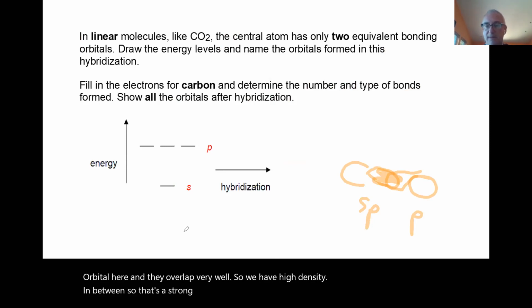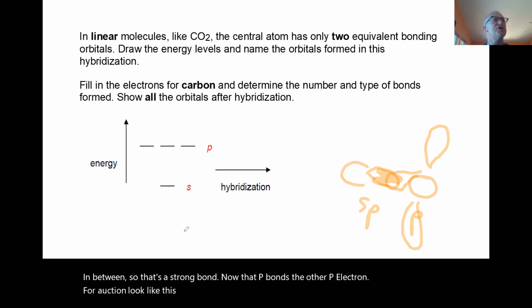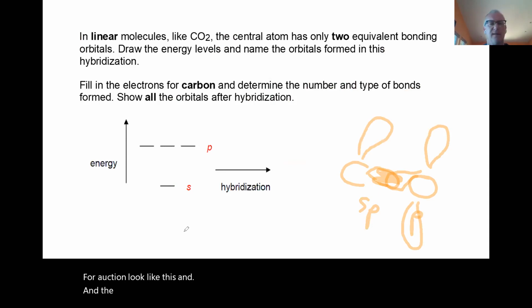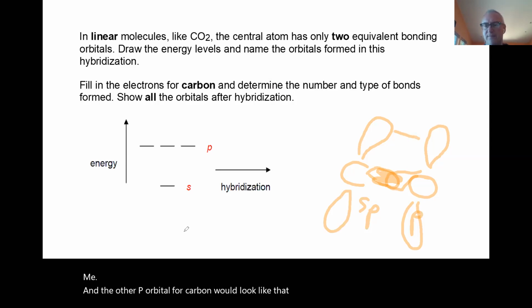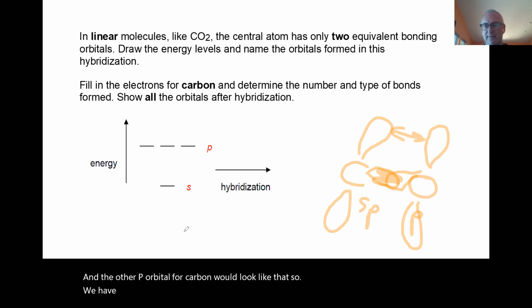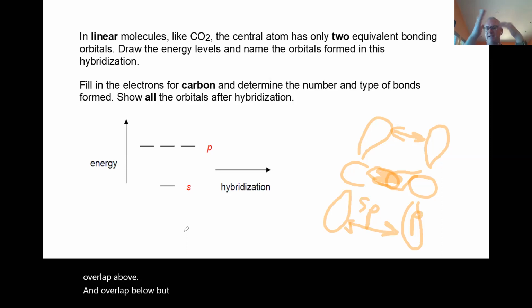Now the pi bonds, the other p electron for oxygen would look like this, and the other p orbital for carbon would look like that. So we have overlap above and overlap below, but it's side to side. It doesn't come in direct contact.